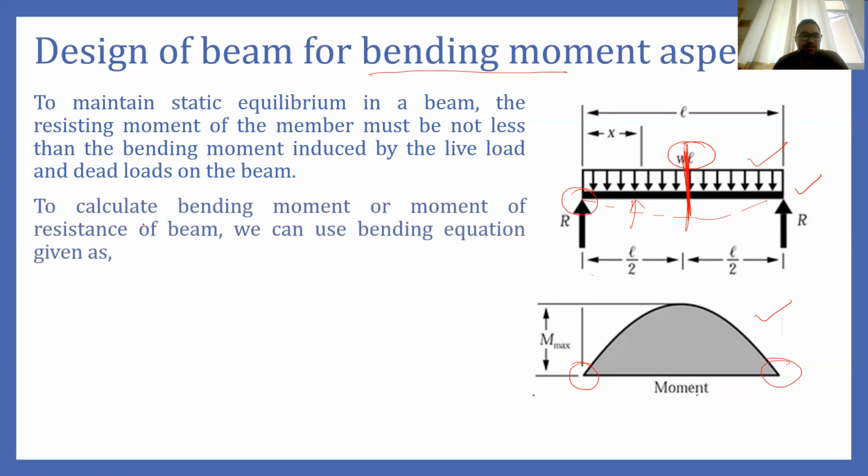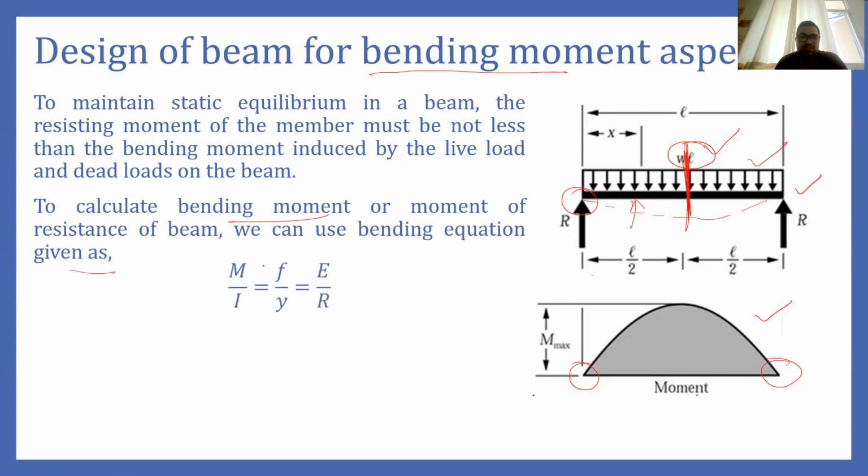Now here, to calculate the bending moment and moment of resistance, we can use the bending equation. Either we calculate bending moment by using the normal relations we have learned in the structural mechanics course, or we can use the bending equation to calculate this bending moment.